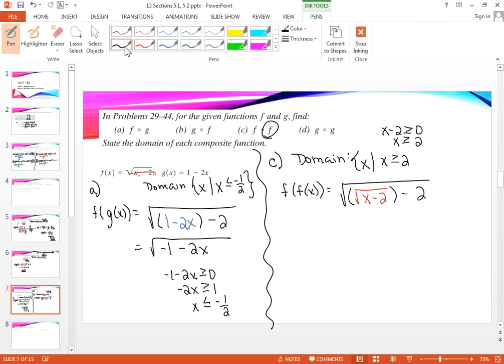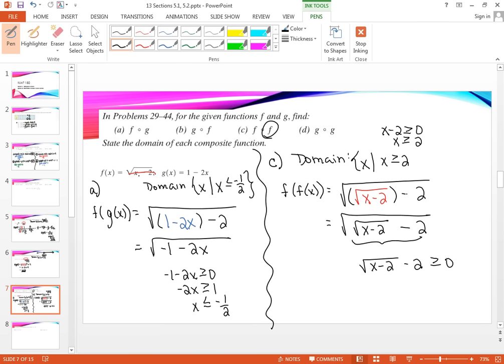And that is lovely, isn't it? It's the square root of x minus 2, then a minus 2. All right, I'm betting that's going to cause some issues, right? So what do we know? We know that the expression underneath the radical had better not be negative.